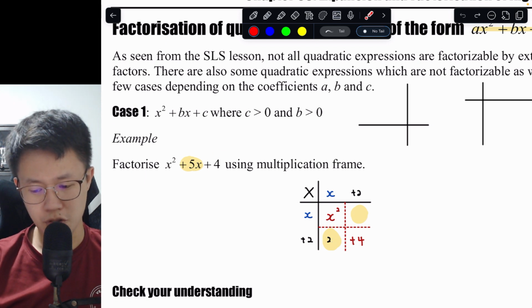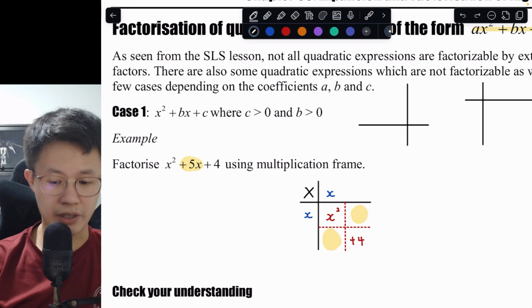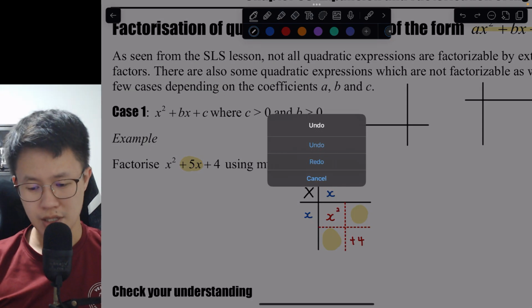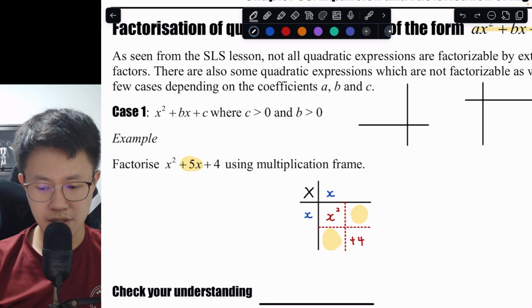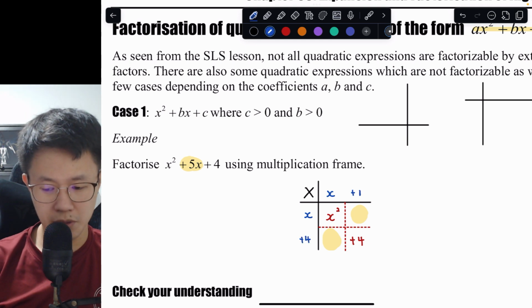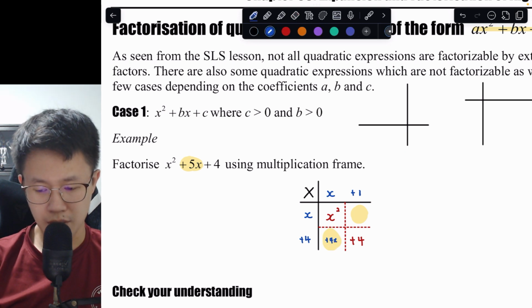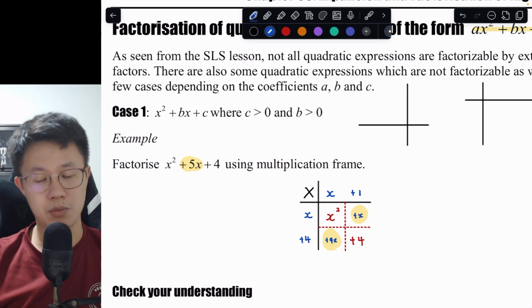That's why you should use a pencil here, and ask yourself what factors actually add up to give you positive 5. A factor of 1 and 4 is as simple as doing positive 4 times positive 1. Hence we get positive 4x, and in this case, positive x, because 1 times x just gives you positive x.